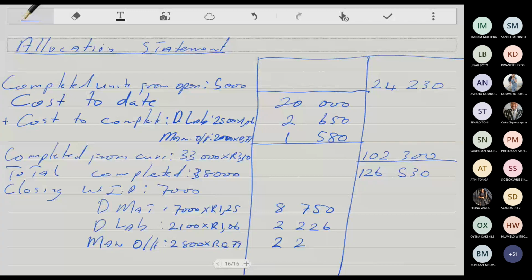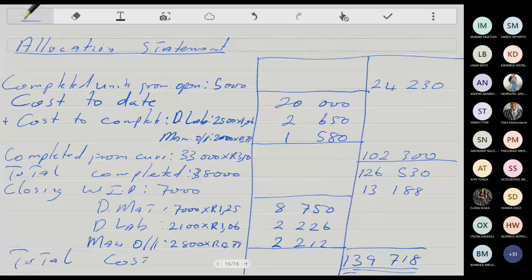So it causes our figures not to be the same. So that's how we produce our quantity schedule or our allocation statement using first in, first out. So I hope you'll be able to see the difference between the two methods.